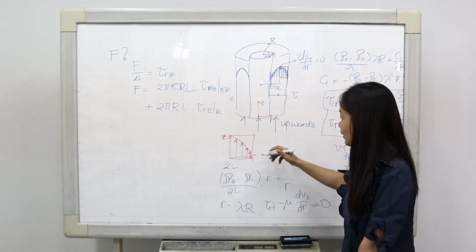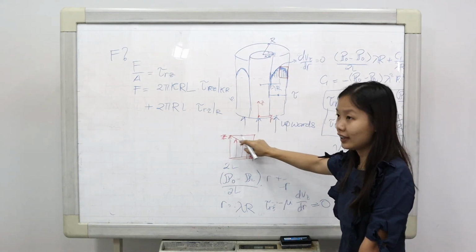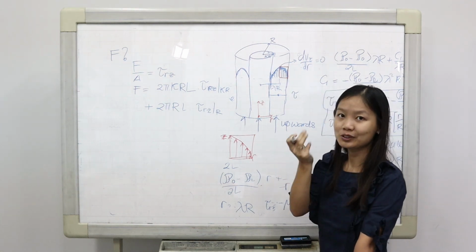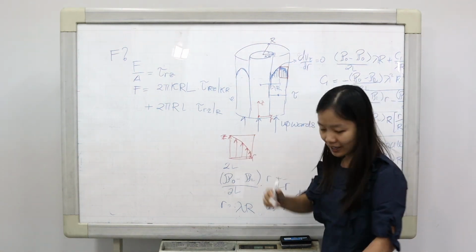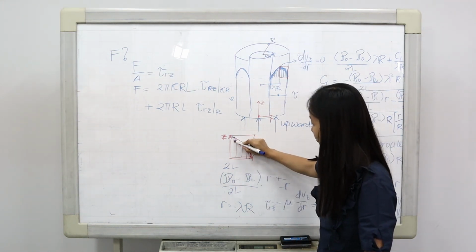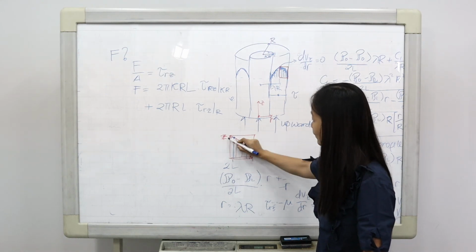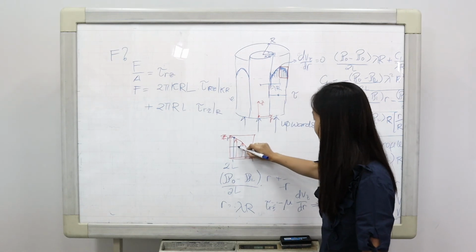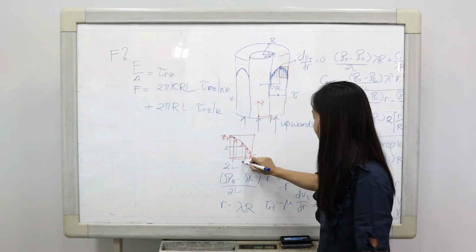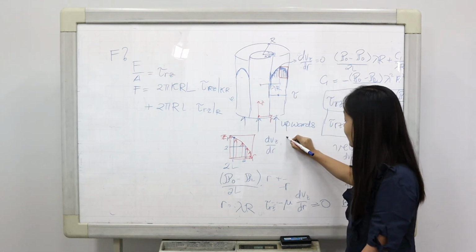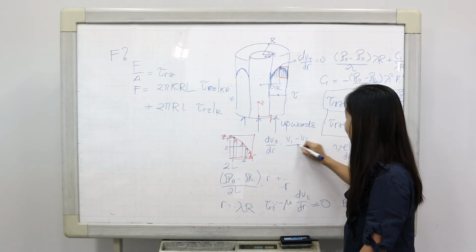To make it easier, I choose 2 points: these points over here I make point 1, and another point over here I make point 2. dvz over dr is actually v1 minus v2 divided by r1 minus r2.